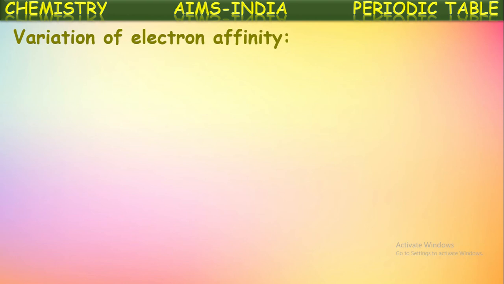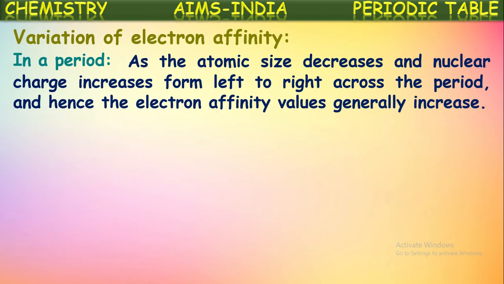Now, the variation of electron affinity in groups and periods. How does it vary? Let us see. In a period, as atomic size decreases and nuclear charge increases from left to right, the electron affinity values generally increase, because electron affinity means the amount of energy released while gaining an electron.